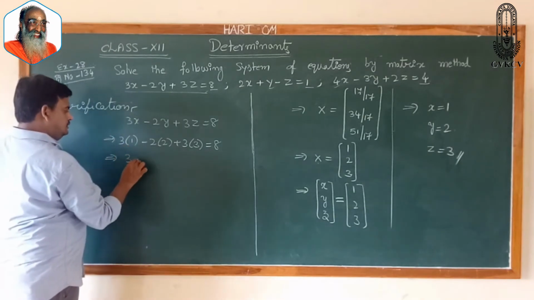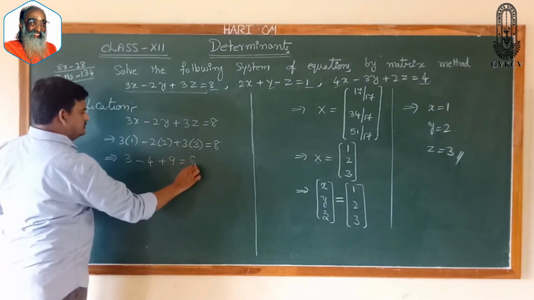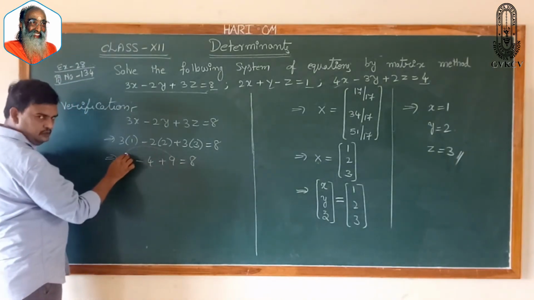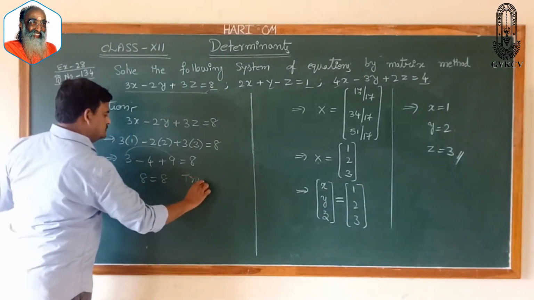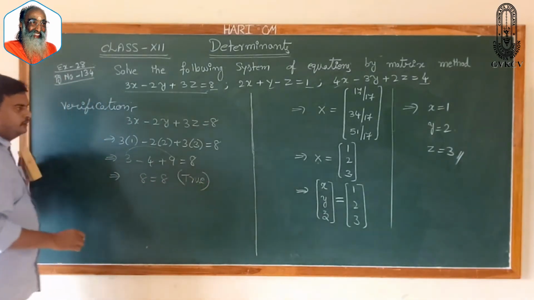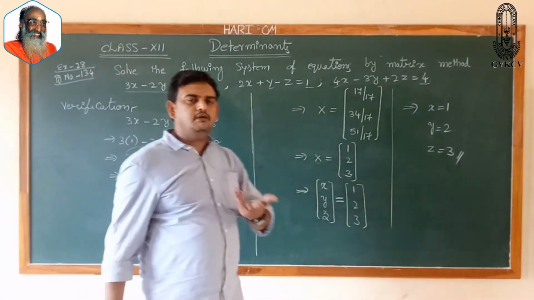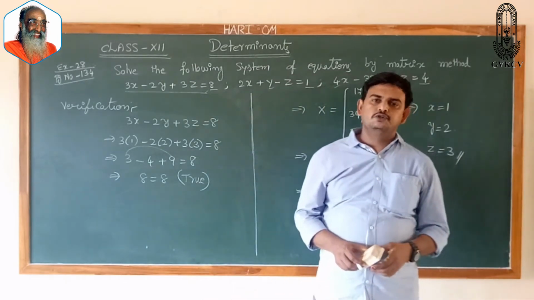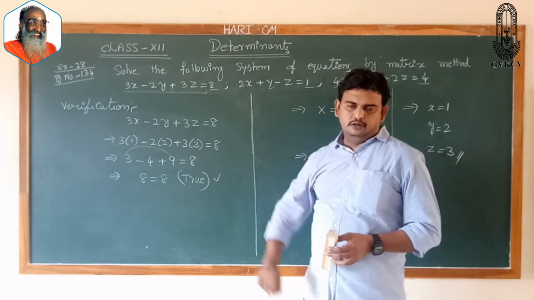So 3 1s are 3, 2 2s are 4, 3 3s are 9, is equal to 8. Now you see, 9 plus 3 is 12, 12 minus 4 is 8. 8 is equal to 8, which is true. So we are just verifying equation number 1. Similarly, you can verify the remaining 2 also. Definitely those 2 equations will also give a true statement.